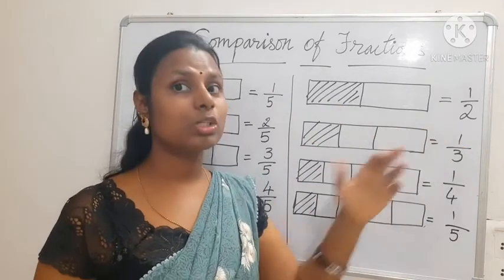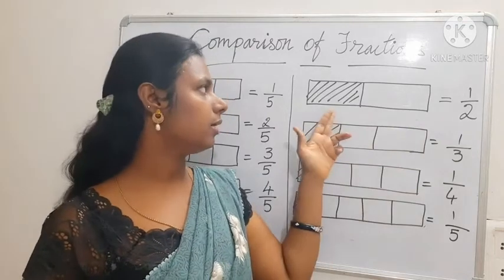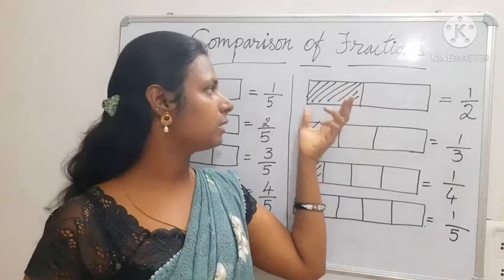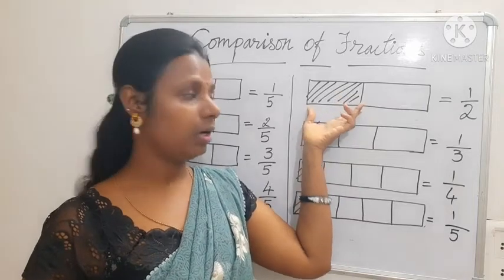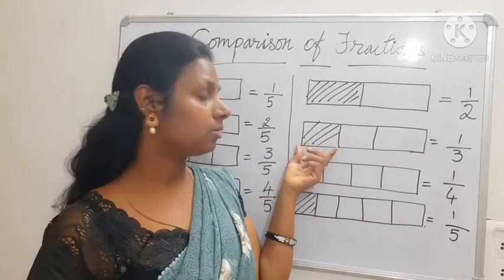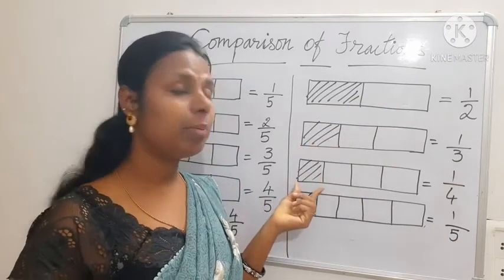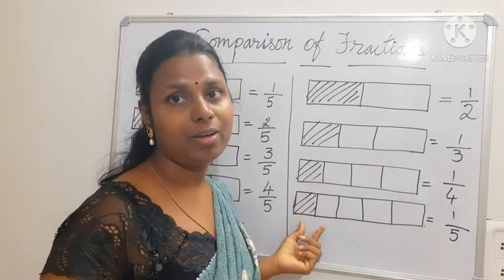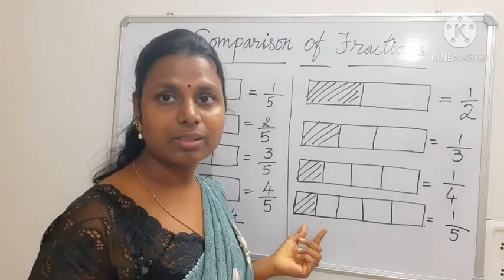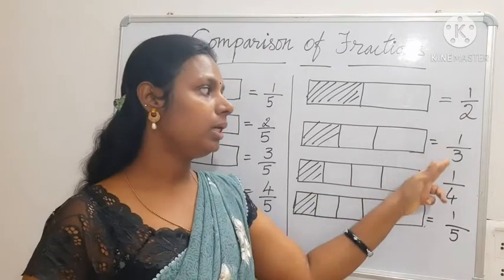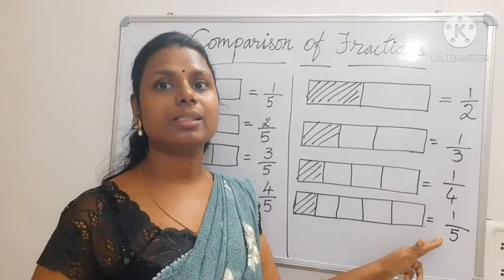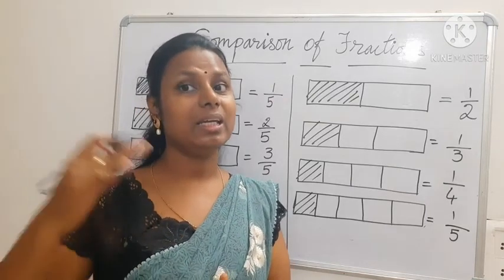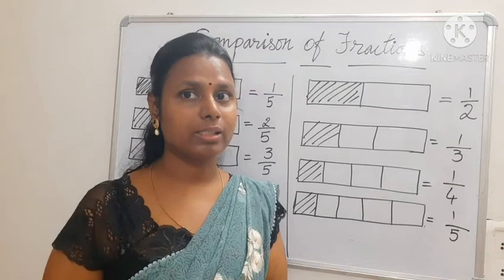See here, we have divided into 2 parts and we got this much big. Divided into 3 parts, a little lesser. When we divide by 4, it is lesser than that. When divided by 5, it is lesser than that, isn't it? So as the denominator increases, the value decreases.